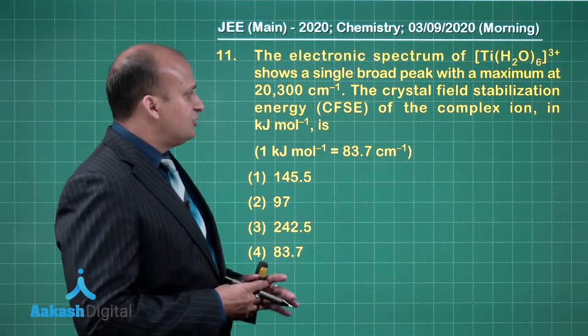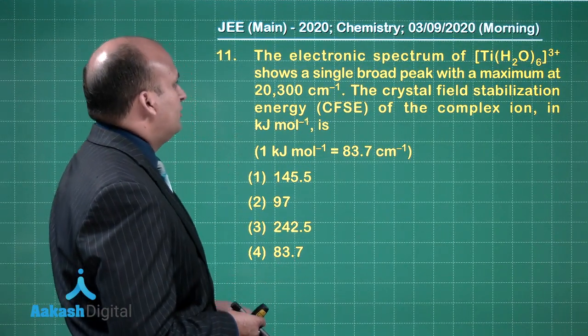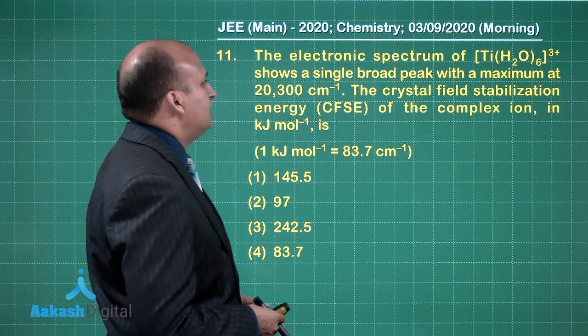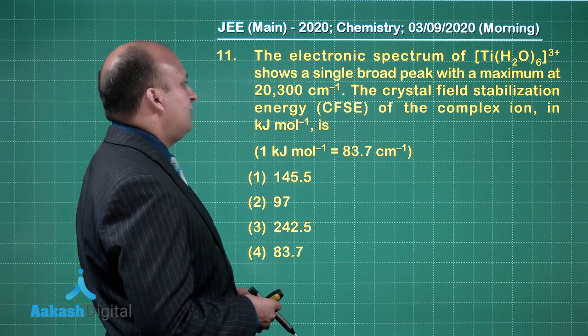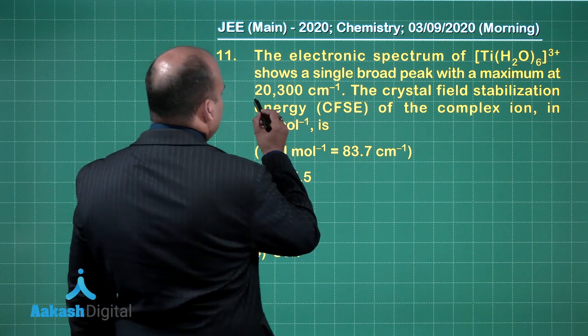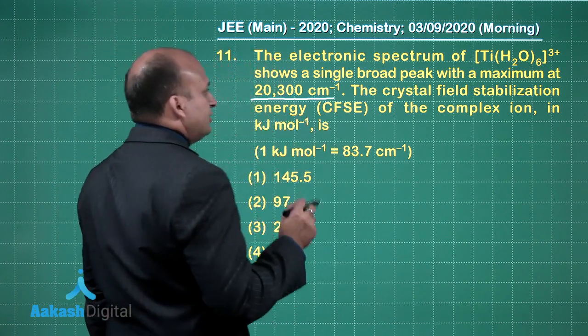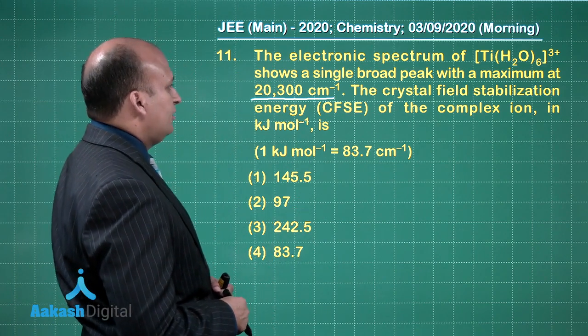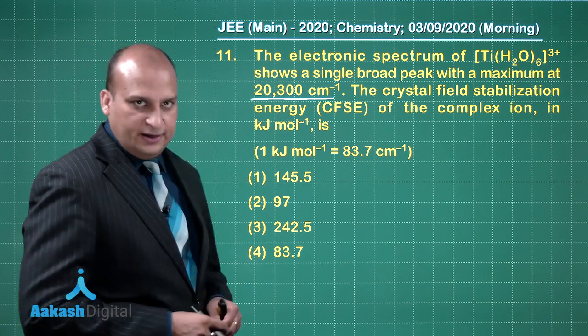Okay. Let's look at question number 11. The electronic spectrum of [Ti(H2O)6]3+ shows a single broad peak with a maximum at 20,300 centimeter inverse. The crystal field stabilization energy of the complex ion in kilojoule per mole is?